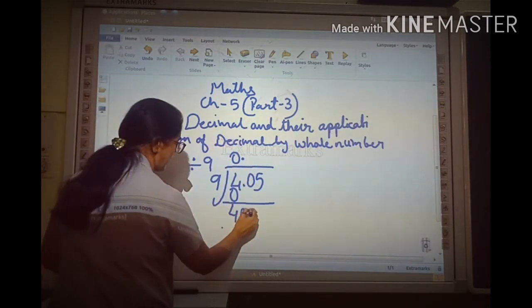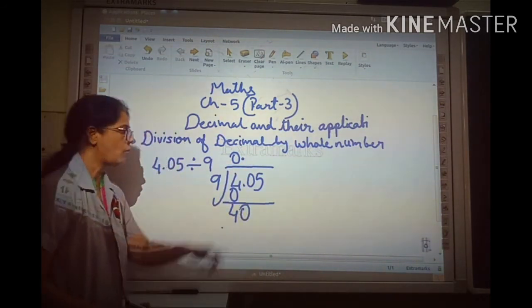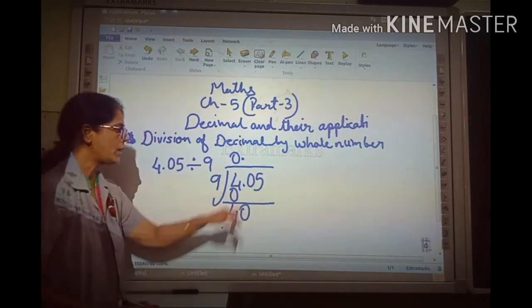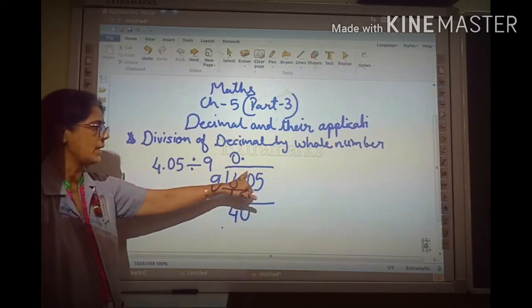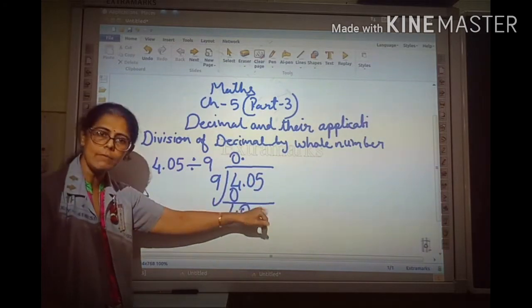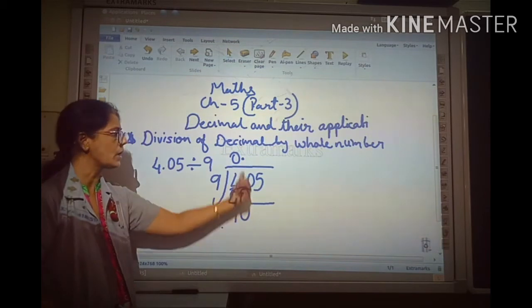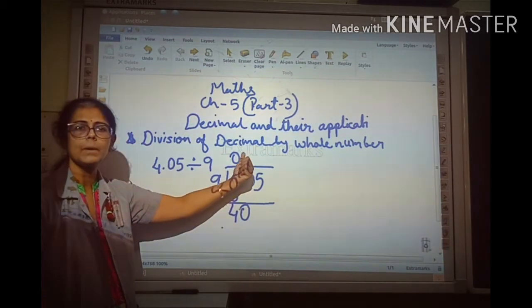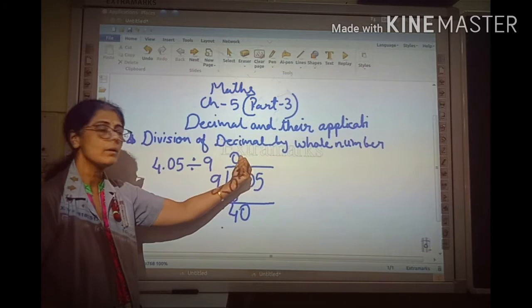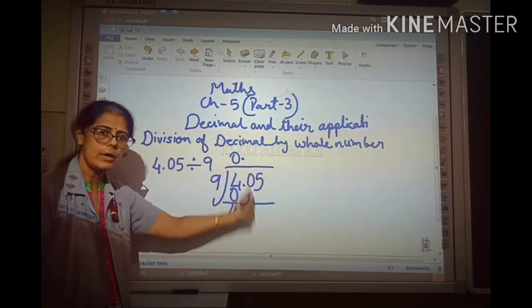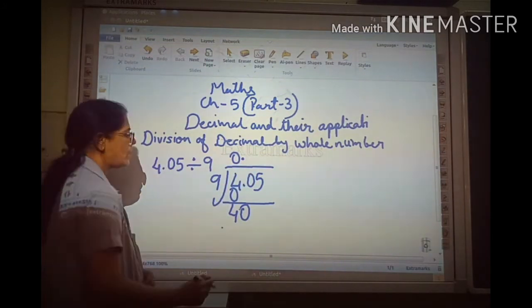Then only I can take that 0. If I am using the number after the decimal for division, first I have to place the decimal dot in the quotient. Clear children? Now we will divide.